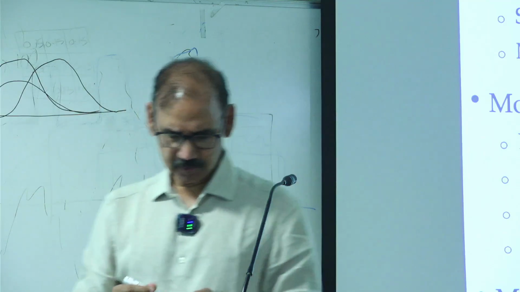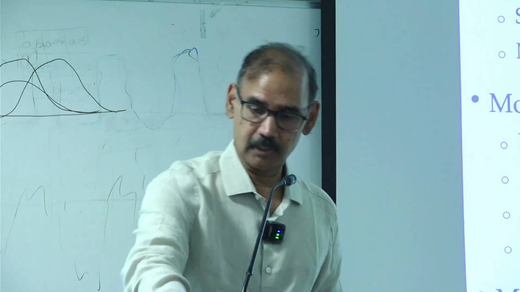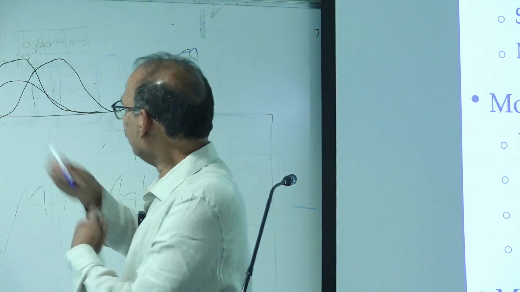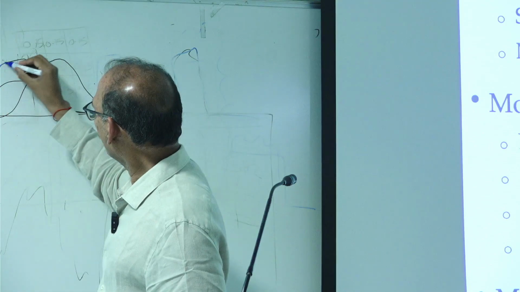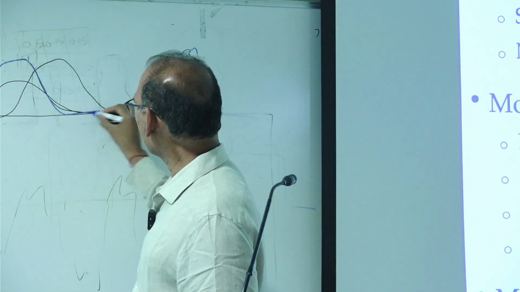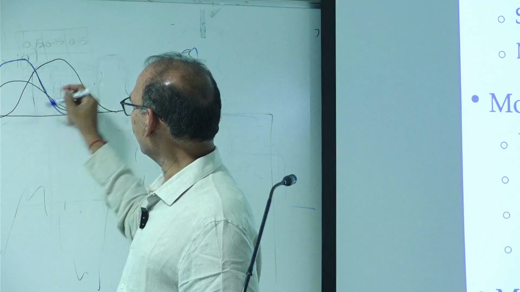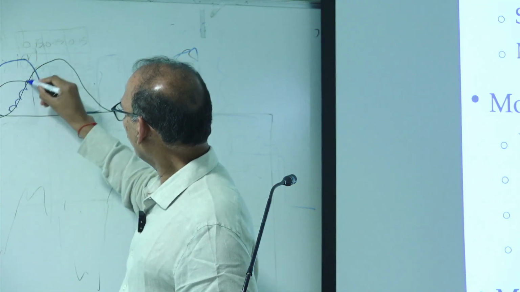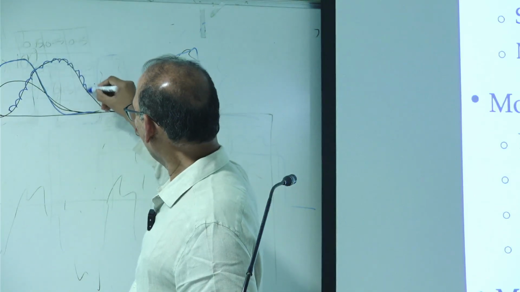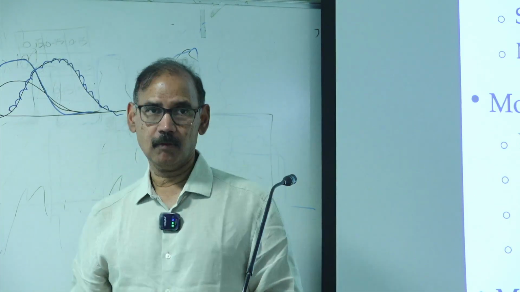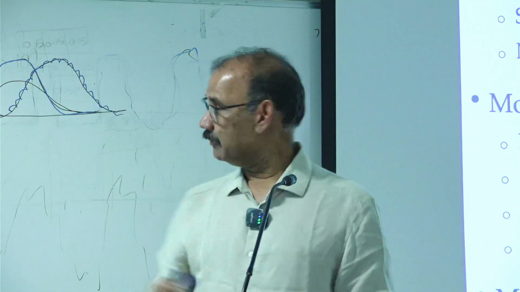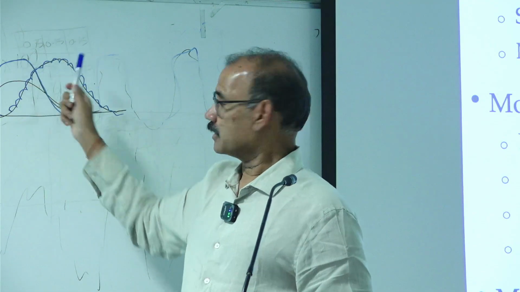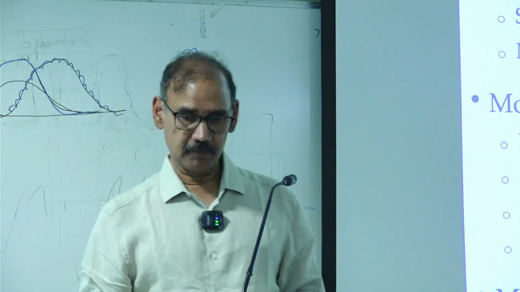Do you see this? Okay, one is this one, and the other one is this one, right? So what would happen in the second one compared to the first one?